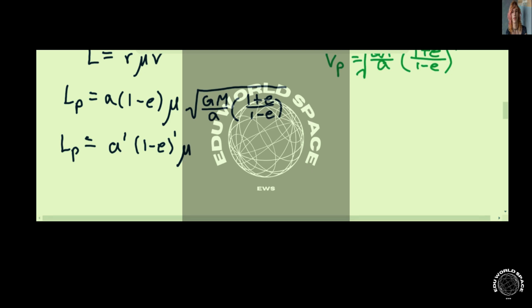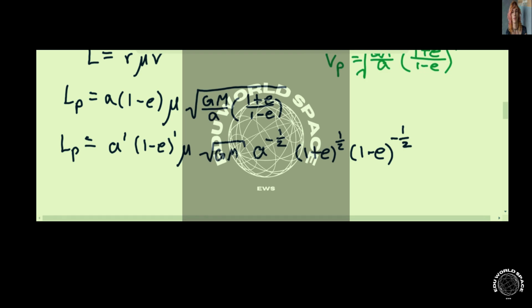Times the GM, we'll leave the GM in the radical because that's where we want it anyway. Times the a that's currently in the radical, but it's in the denominator, so it's the negative exponent, like to the negative 1/2, times 1 plus e. That's a numerator, but it's inside the radical, so it's to the 1/2, times 1 minus e inside the radical, so 1/2, but in the denominator of the radical, so negative 1/2.